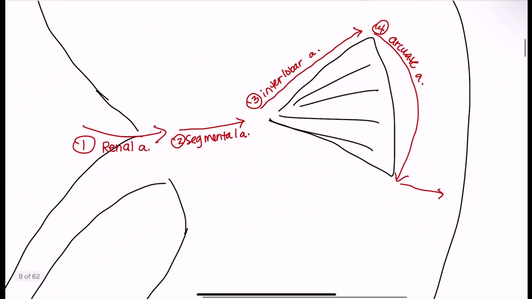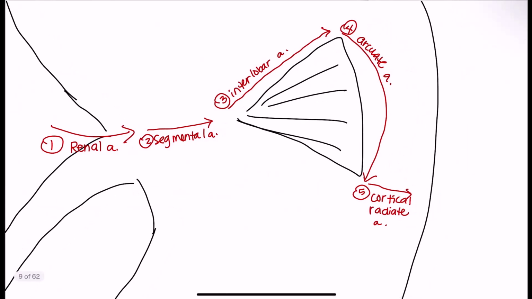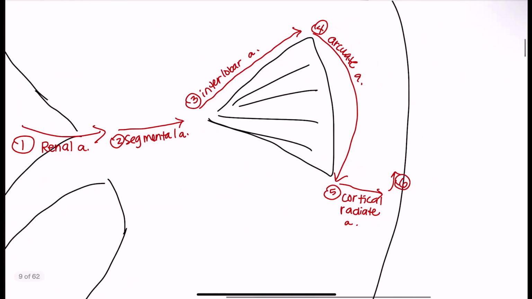That's called the cortical radiate artery. And I remember that it's the cortical radiate artery because it radiates out into the cortex. Cortical radiate artery. Radiates out into the cortex, and then from the cortical radiate artery we get into number 6, which we already know about, thankfully.